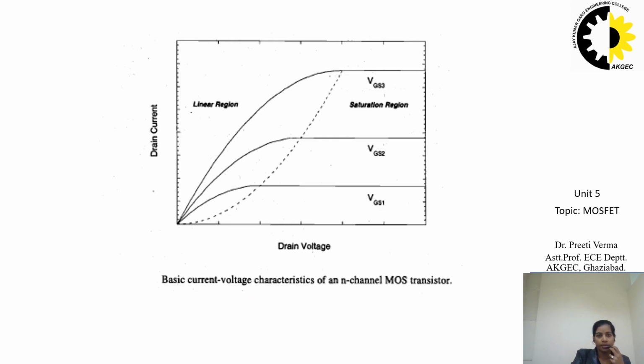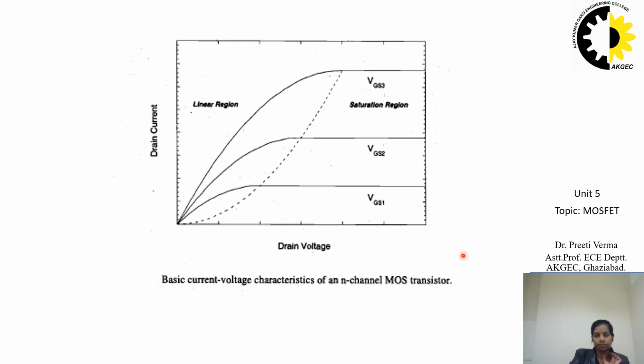So this graph is representing the condition where initially the drain current is increasing with the increase in drain voltage. Then after reaching a certain value of VDS, that is drain voltage, the current becomes constant.